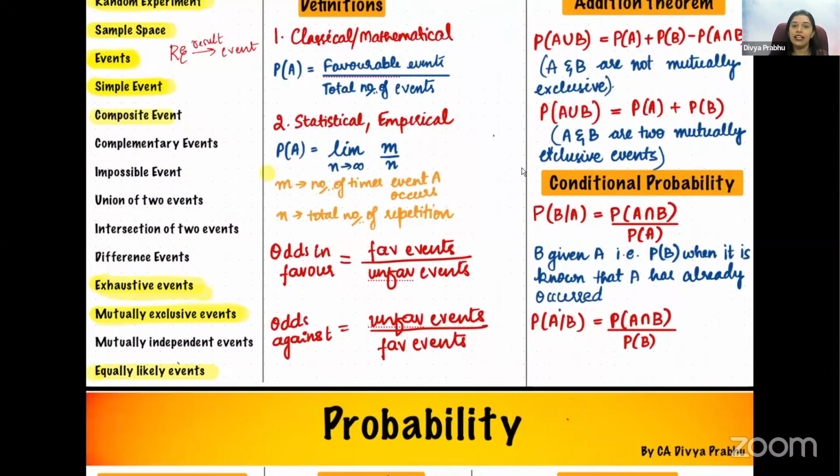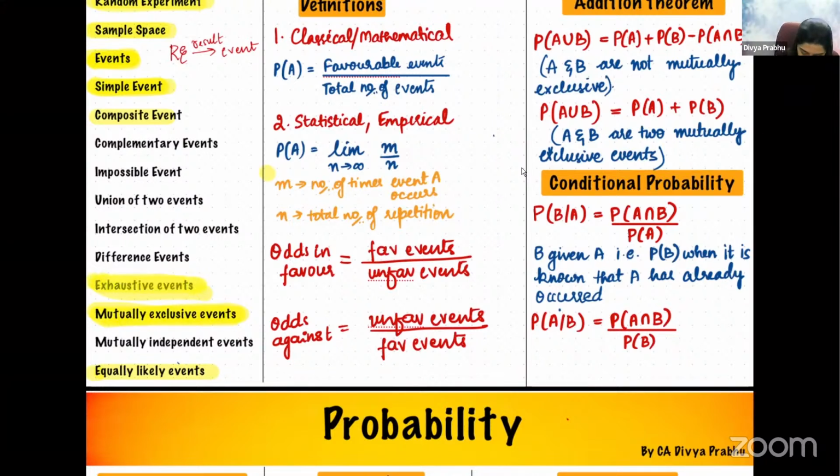Or if I'm getting tails, it means I will not get heads. Correct? So both heads and tails can't occur simultaneously, can't occur together. Such events which can't occur simultaneously are known as mutually exclusive events. They are not occurring together. Got it? This is mutually exclusive events.